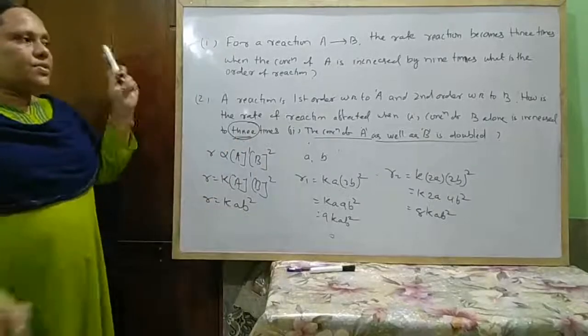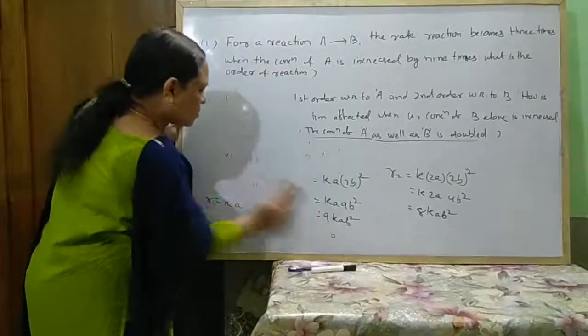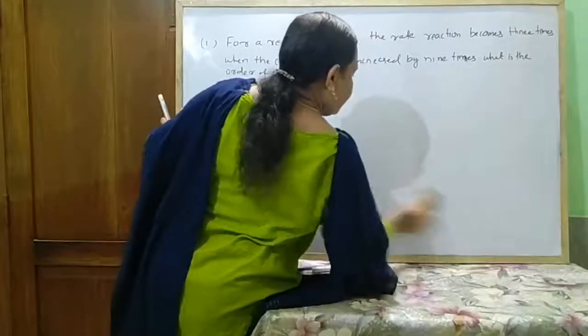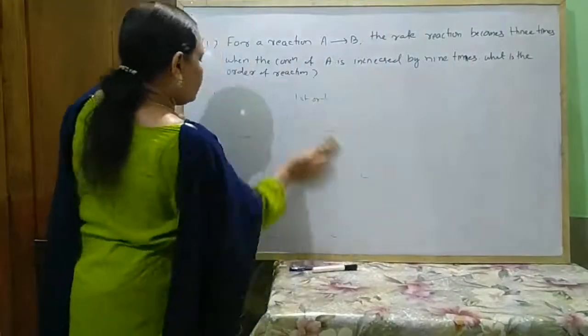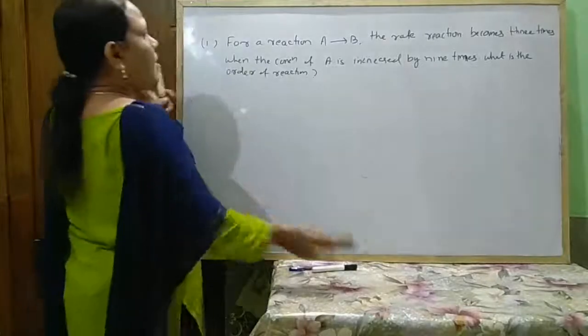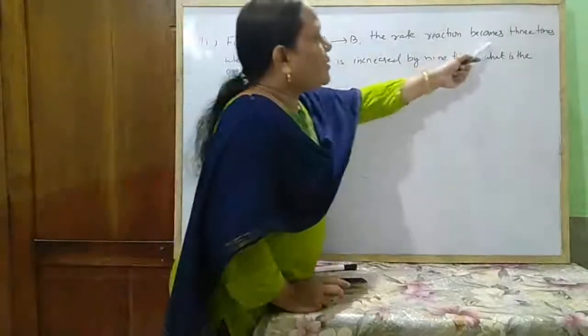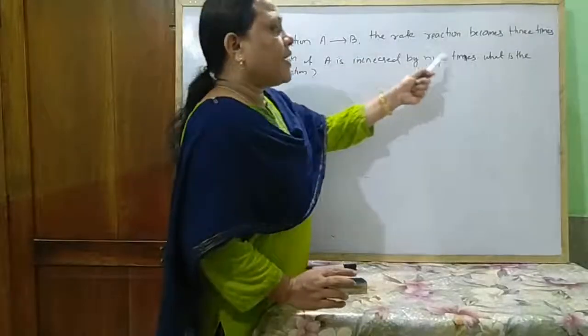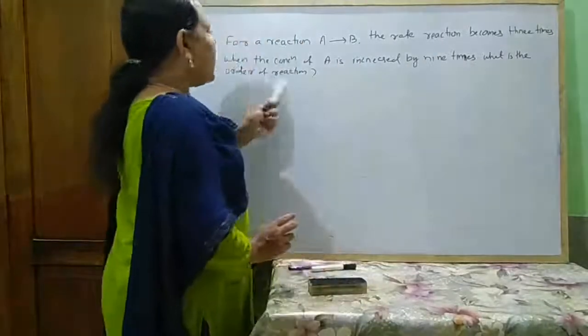Next, come to question number 1. For a reaction A to B, the rate of reaction becomes 3 times when the concentration of A is increased by 9 times. What is the order of reaction?